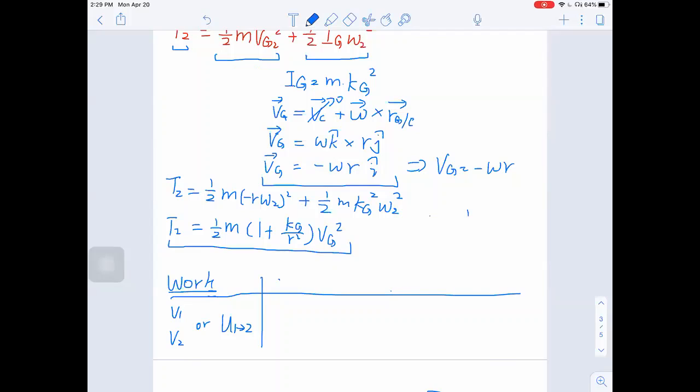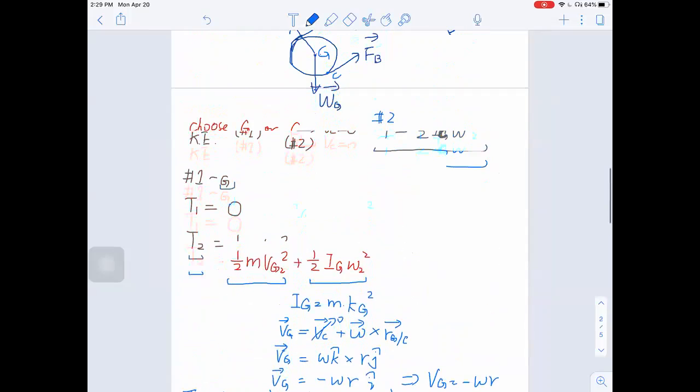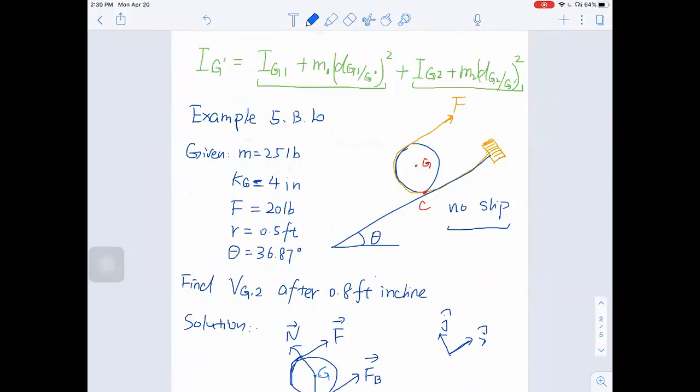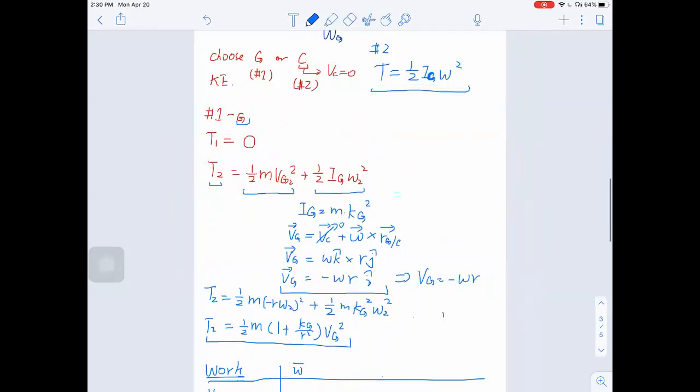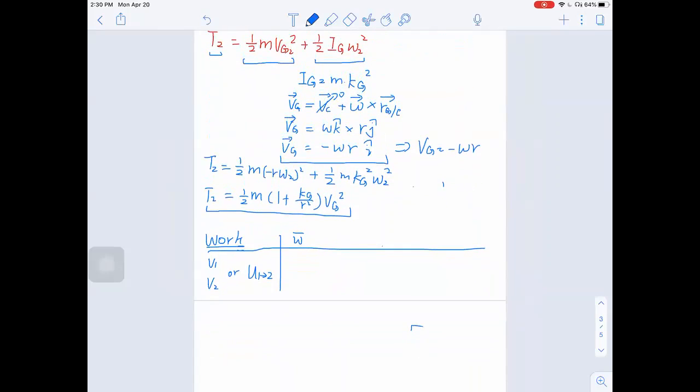Let's first look at the weight force here. We can set up a datum for the weight force. Say the initial position here is V equals 0. So at V1, the potential energy is 0. At V2, since it's inclined, it goes up the ramp, so we know there's positive potential energy. Start from 0 and end up with mg.